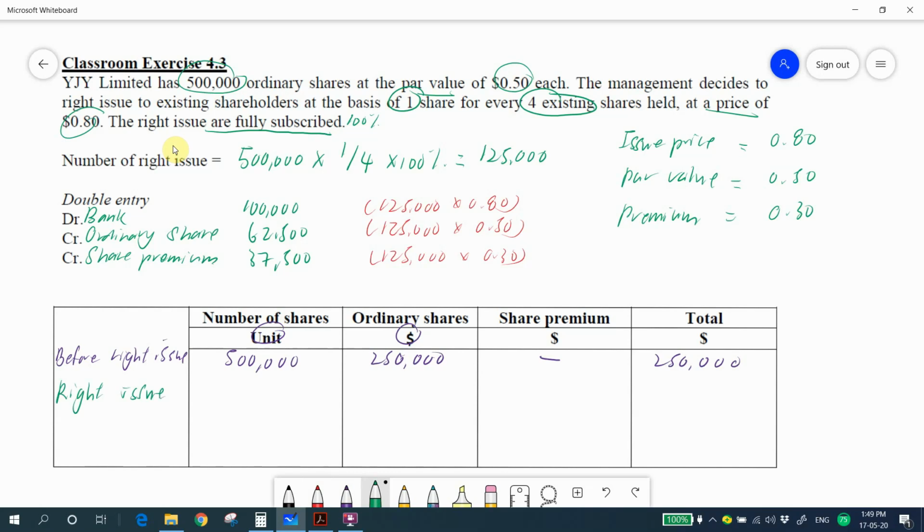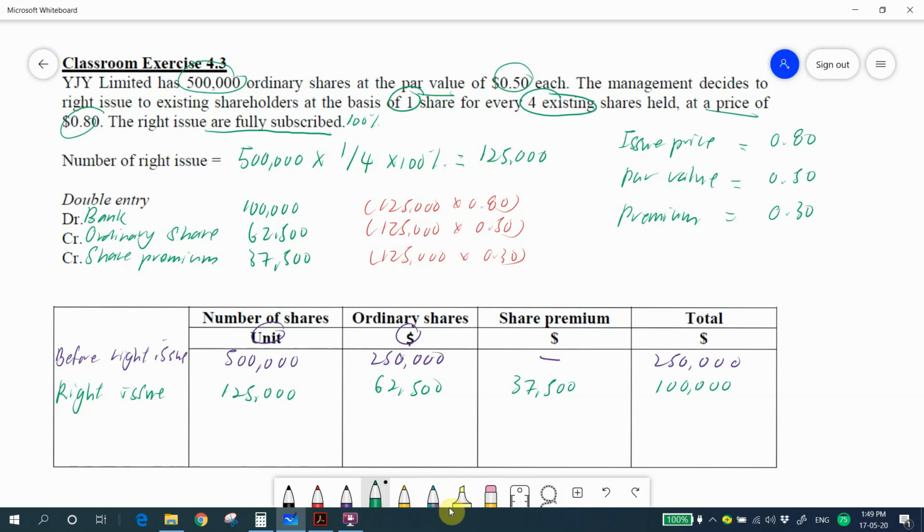During the rights issues, we issue 125,000 shares. The value in dollars in ordinary share will increase by 62,500. For share premium, we increase by 37,500. So the total value increase will be 100,000. How do we get 100,000?